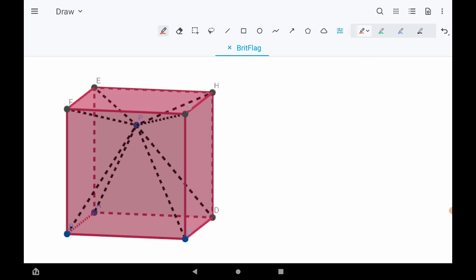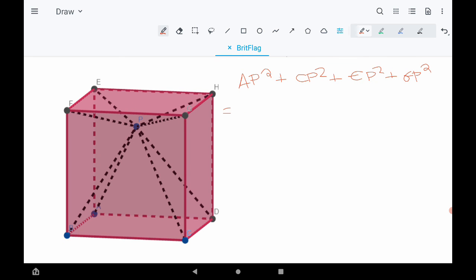So, for this configuration, we have AP squared, this is going to be kind of long, plus CP squared, plus EP squared, plus GP squared is equal to BP squared.